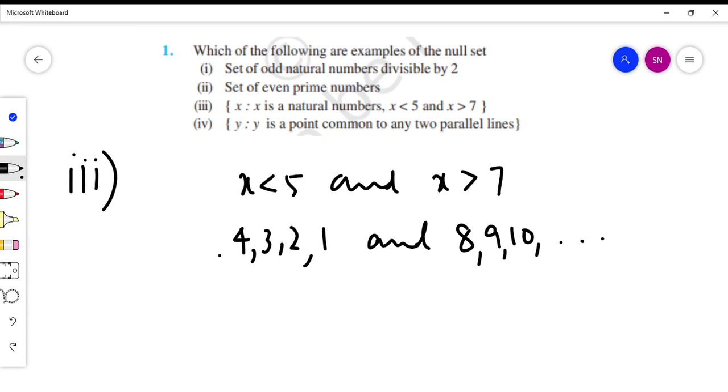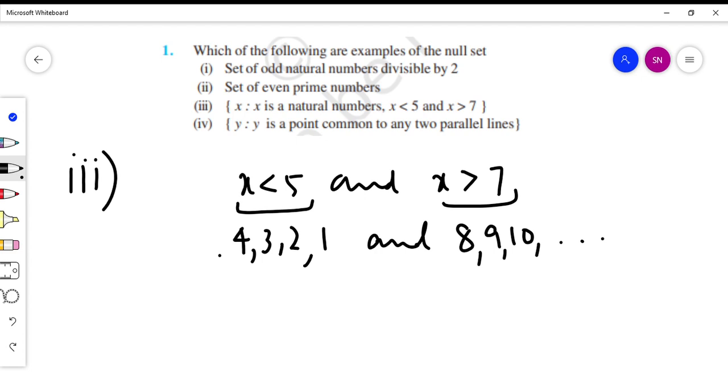So here, do I have anything common between these two conditions? Nothing is common. Here, x less than 5, I have numbers 4, 3, 2, 1. If I talk about negative values, I will get -1, -2, -3, and so forth. Similarly, for x greater than 7, I will get 8, 9, 10, and so forth.